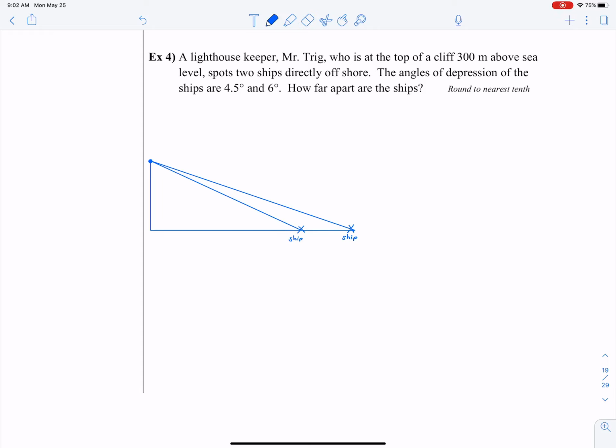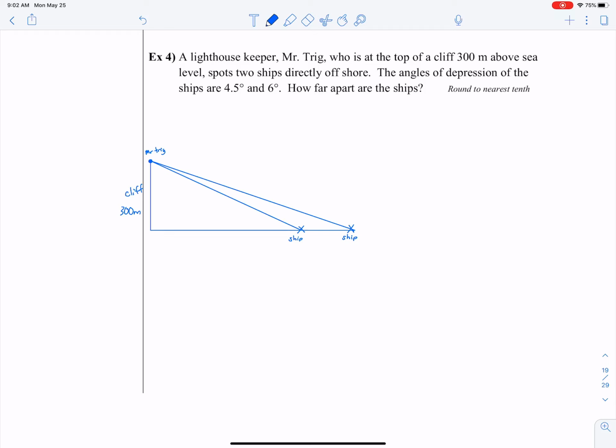There we go. And this is Mr. Trigg. This is Cliff. Okay, so he's atop a 300-meter cliff. And he spots these 2 ships. The angle of depression of the ships are 4.5 and 6.